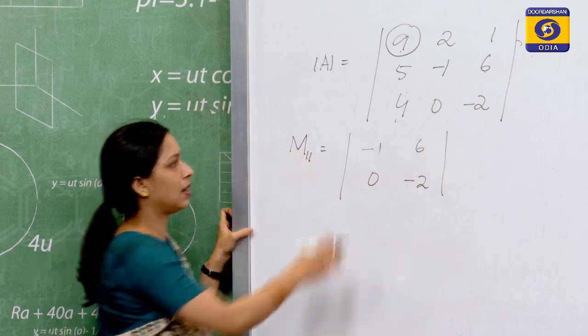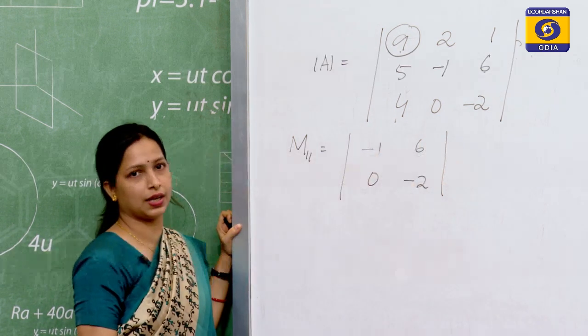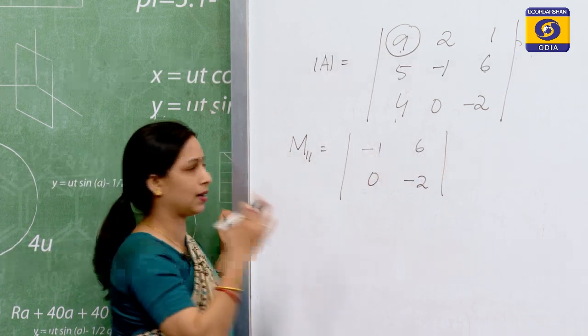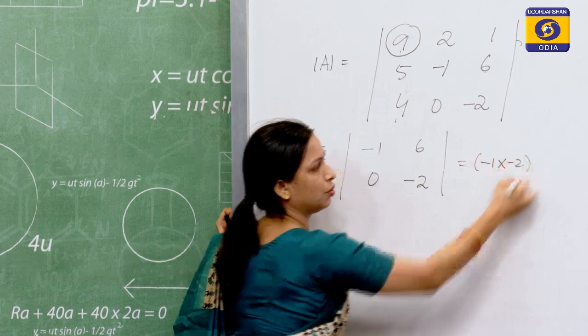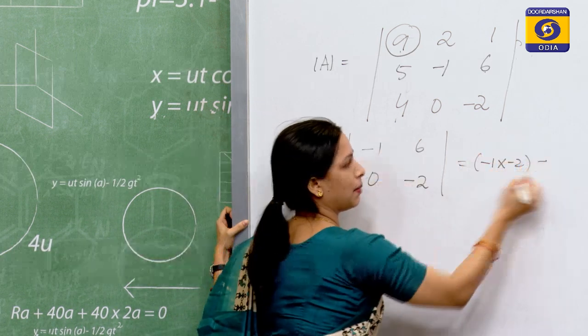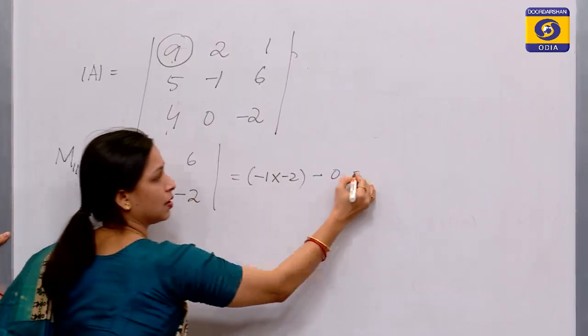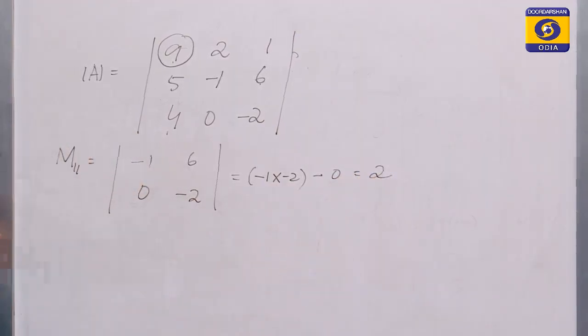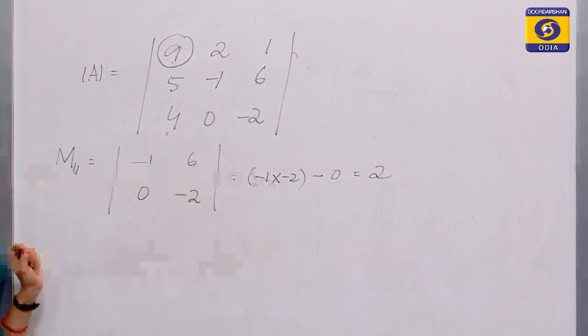Now, what is the next step? I cross multiply and find the difference of the diagonal elements, the parallel diagonal elements. So, that is -1 into -2, and this is -6 into 0. So, it is 0. -1 into -2 means 2. So, the minor of A11 is 2, right.